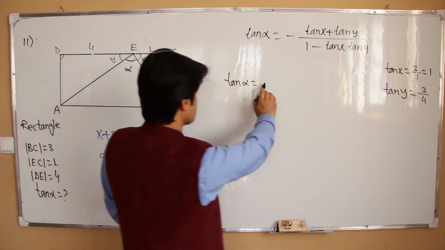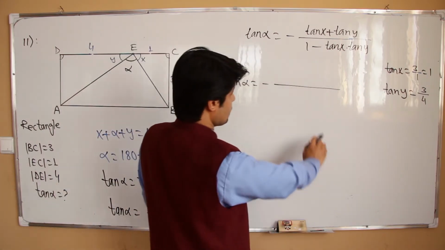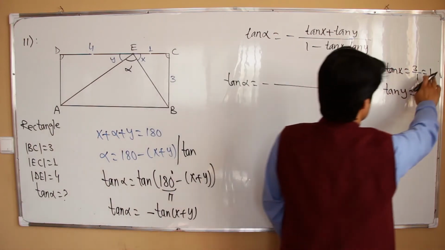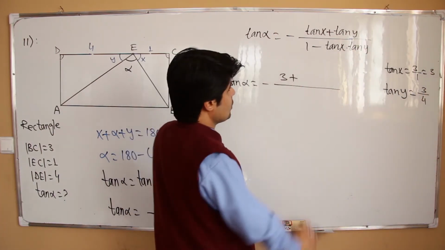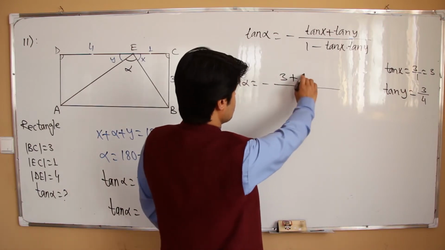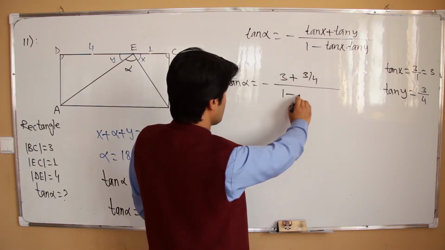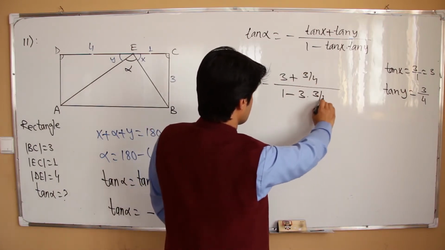Now put the value. Tangent of alpha is equal to negative, tangent x, 3 by 1 is 3, plus tangent y, 3 by 4, over 1 minus 3 times 3 by 4.